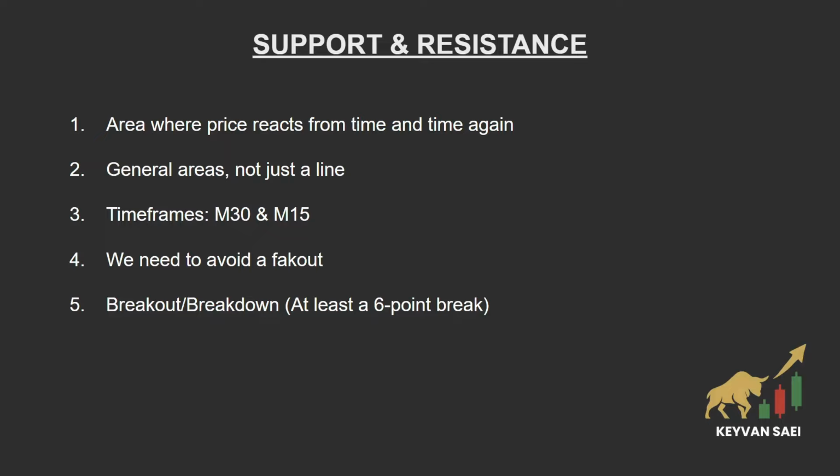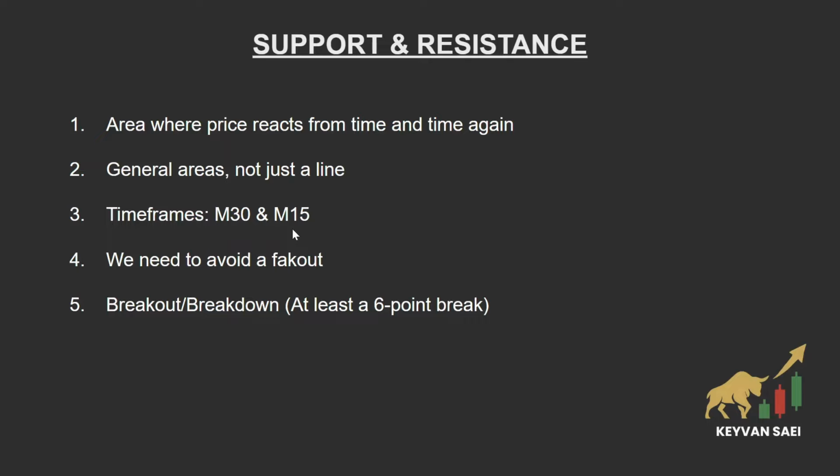There's no point in going on the 4 hour. Yes, obviously you can look at it for market context and seeing where the market might react off and where it might head to, to see basically the big reversals. But for intraday trading, I really recommend the M30 and M15, which is what I use, and it is more than enough.